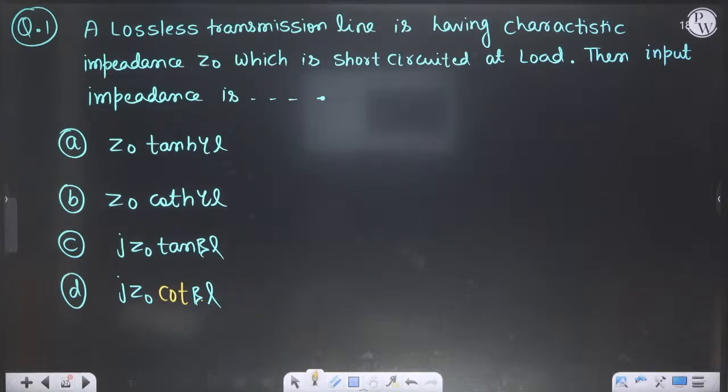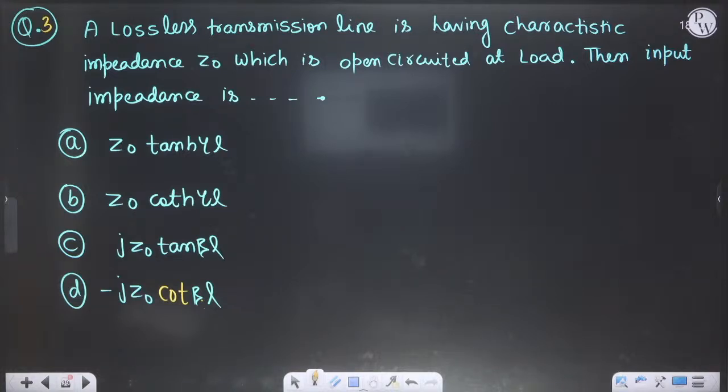This is a very easy question. So lossless transmission line, first question you will read. Second question, you can pause the video, read and solve it, and come to the next class. On Monday's class we will discuss this question.